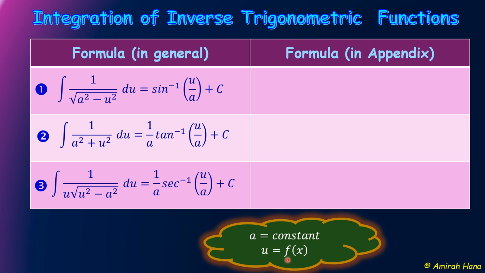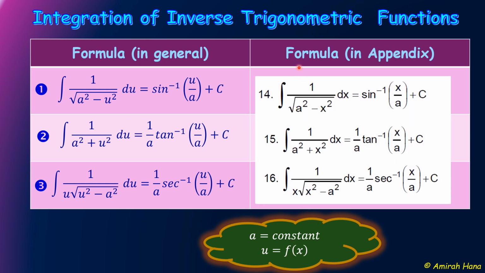Now we look at the formulas given in the appendix in the final exam. Formula number 14 is similar to formula number 1, but the symbol is a single x here. In general, we better use u because u represents any function containing variable x or any variables.